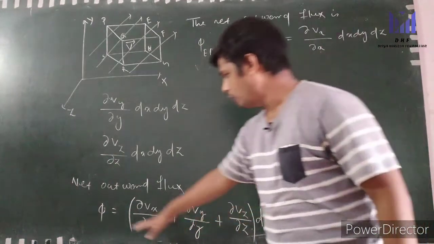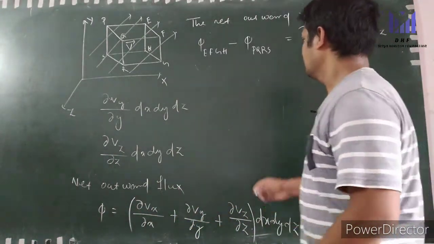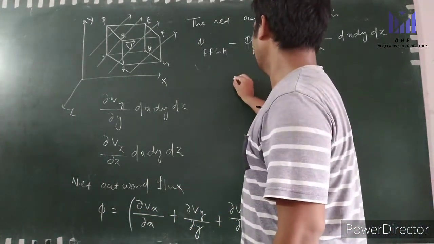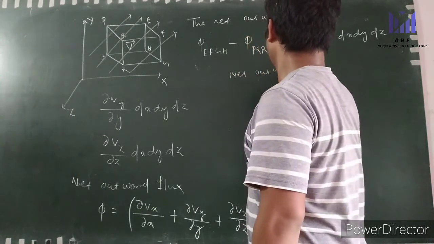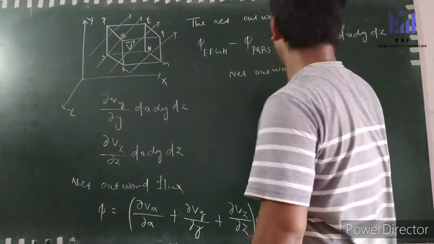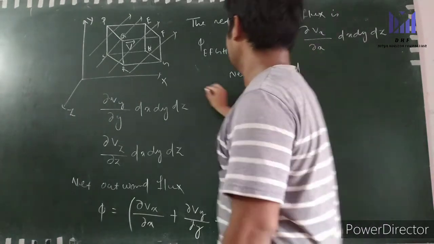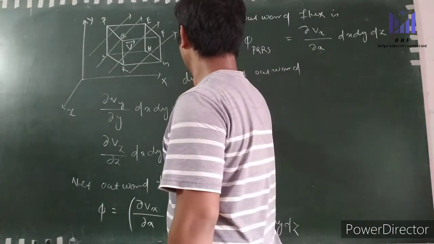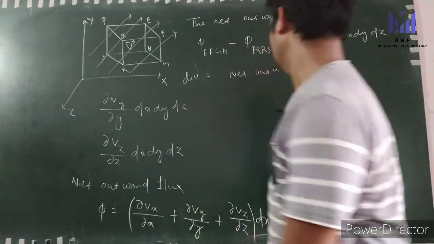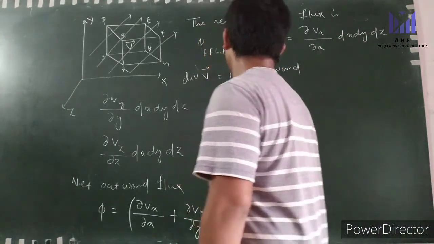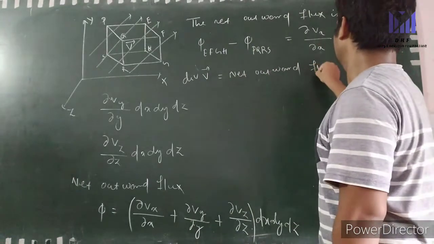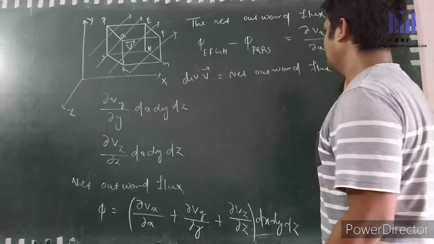So this is the net outward flux. We will calculate the net outward flux per unit volume, that is, the divergence of V is equal to the net outward flux per unit volume.